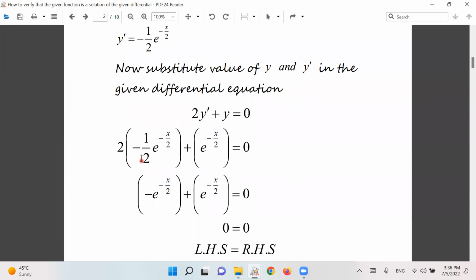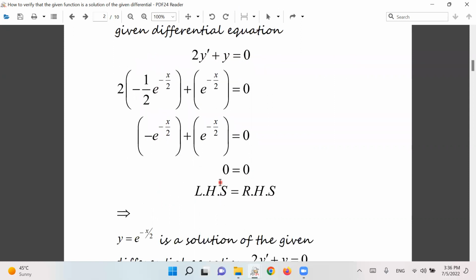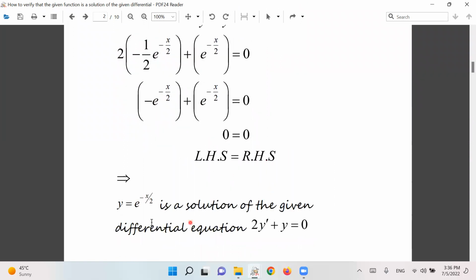After that, just simplify the equation. So the 2 and 2 will be cancelled out. So we will get minus e power minus x over 2 plus e power minus x over 2 equals 0. If the left hand side equals the right hand side, this means that the given function y equals e power minus x over 2 is the solution of the given differential equation 2y dash plus y equals 0.